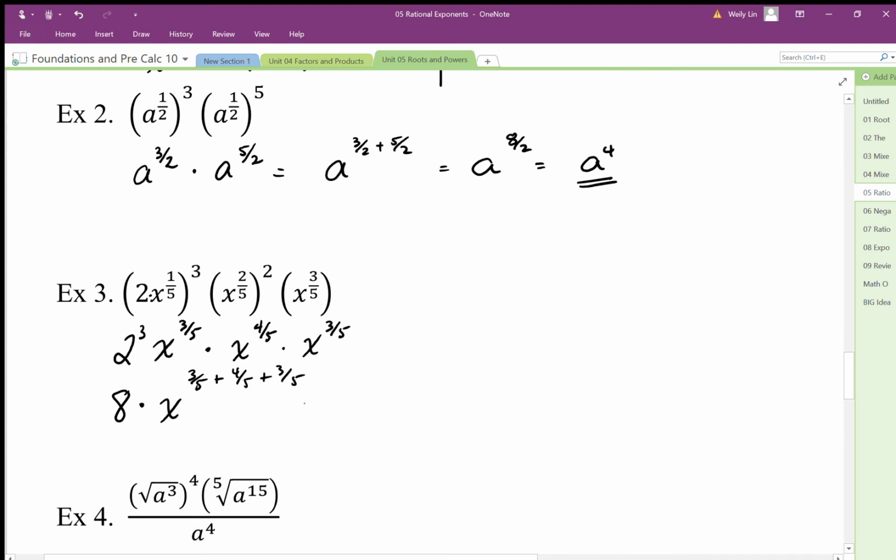That works out to be 8 times x to the power 10/5. Which is really the same as the ratio of power 10 root 5 reduces to a ratio of 2 to 1.